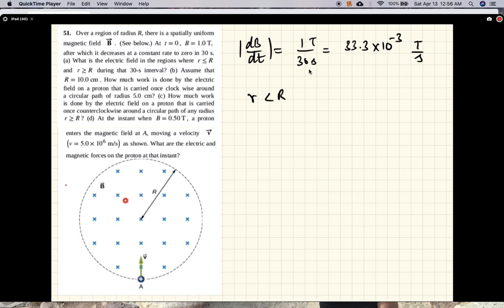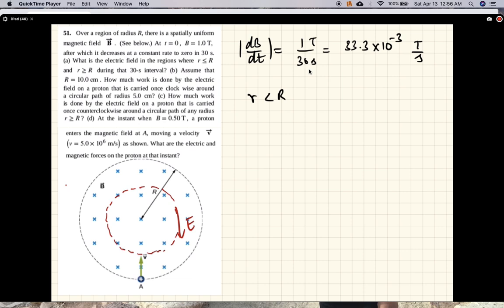So if it's decreasing into the sheet of paper, what you want is the induced EMF to produce a field into the sheet. The electric field will be in this direction, so it would drive a current in that direction, and a current flowing in this direction would produce a magnetic field into the plane of the paper. So that's what we need.